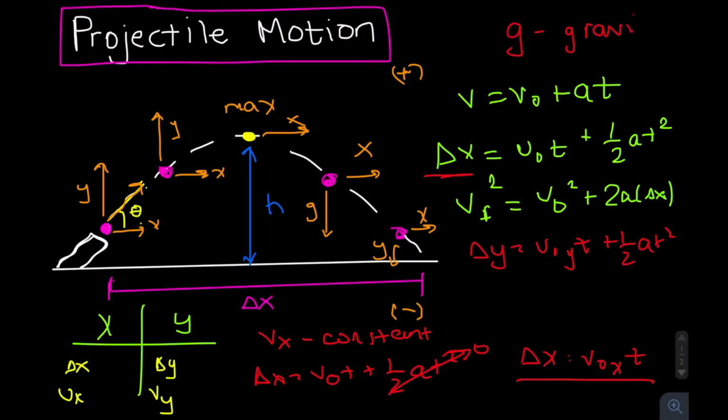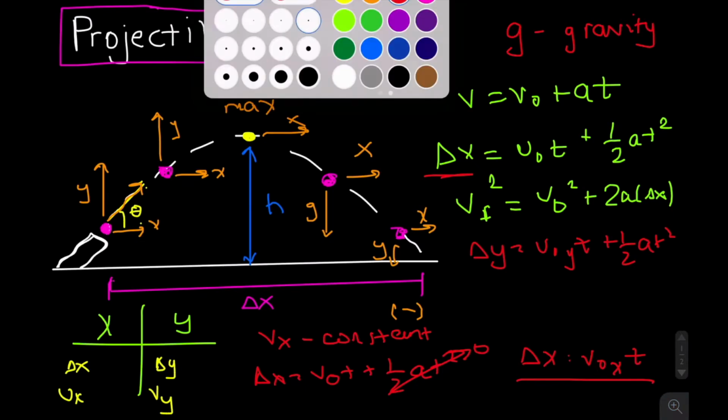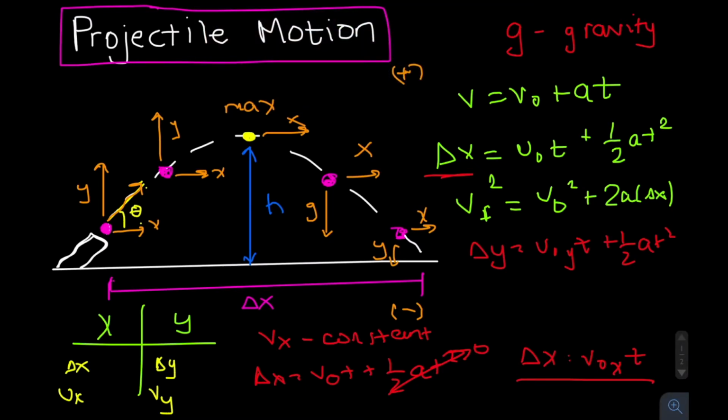So we just replace a here with g, and it becomes negative, because gravity is always down. Here we would just plug in 9.8 meters per second squared, just like we usually do. That was a horrible 9.8, but you get the point.